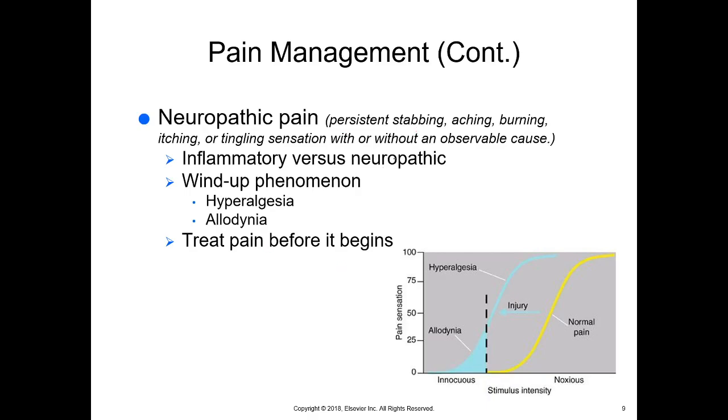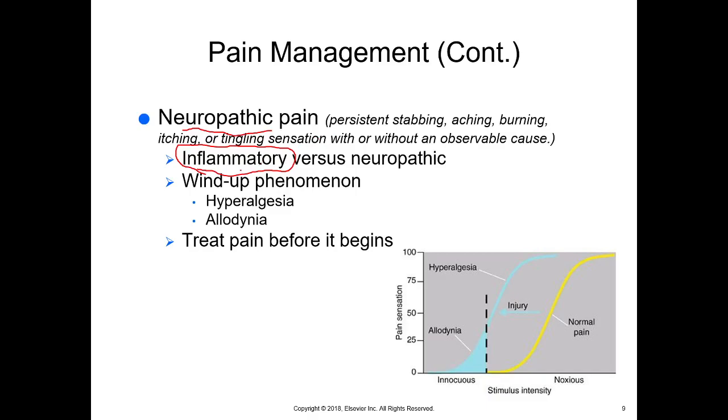Neuropathic pain is different from inflammatory pain. Neuropathic pain is a persistent stabbing, aching, burning, itching, or tingling sensation with or without an observable cause. So neuropathic pain has to do with a nerve pathway. The inflammatory pain is stimulating the neuropathic pathway.